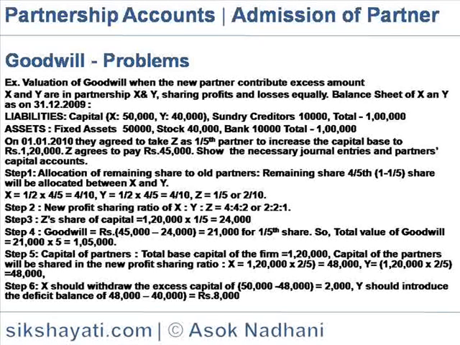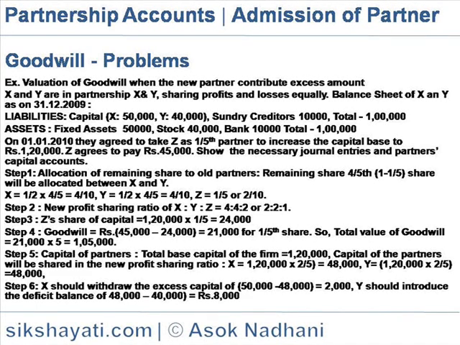Step 5. The capital of partners: the total capital of the firm is 1,20,000. Capital of partners will be shared in the new profit sharing ratio. So X's share would be 1,20,000 into 2/5, which is 48,000. Y's share would be 1,20,000 into 2/5, which is 48,000.